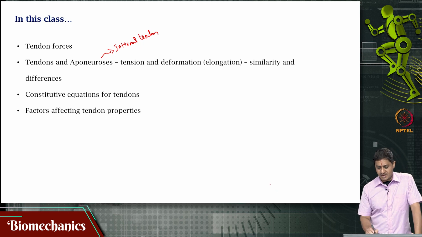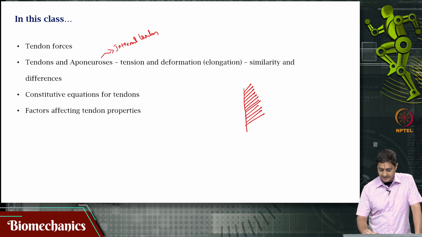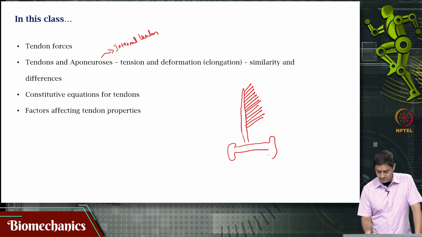Let us suppose that you have a pinnate muscle where the muscle fibers attach to the tendon at some angle. Then this part of the tendon that is connecting to the muscle fibers is called internal tendon or aponeurosis, and then it continues on to attach to the bone.